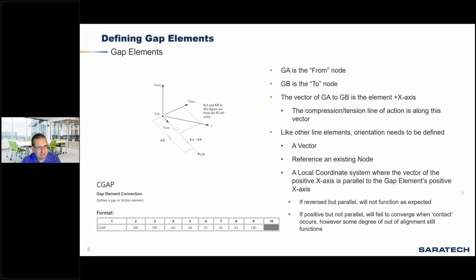There are a couple of problems if it's not. If you have it reversed, you can have all sorts of interesting things happen. And if they're positive but not parallel, generally what I've seen is that the analysis will fail to converge when we reach that point where stiffness or contact is added to the analysis. However, some degree of misalignment will still function appropriately.